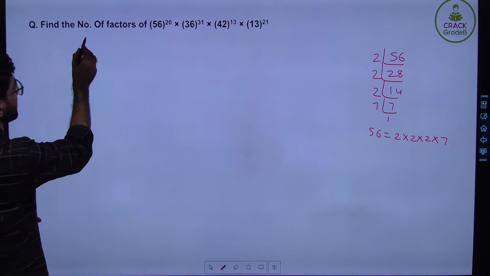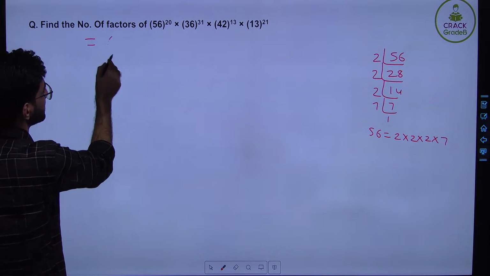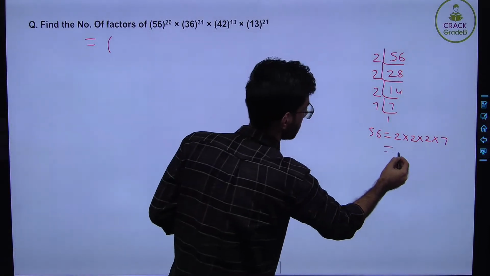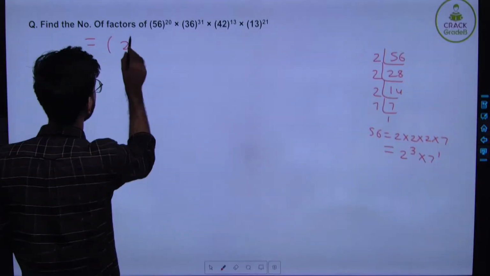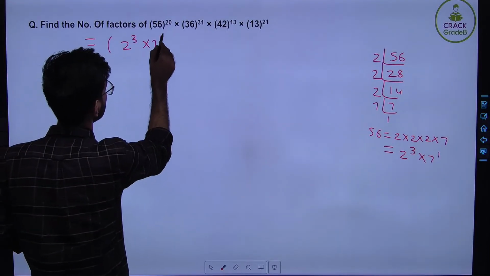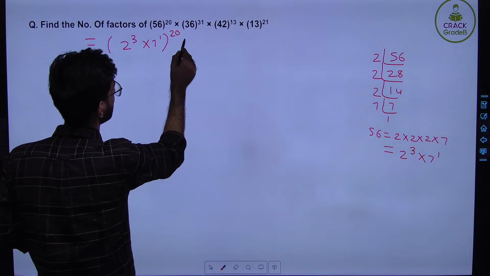Means you can write 56 as 2 cube into 7 to the power 1, right? 2 cube into 7 to the power 1, and the whole to the power 20.